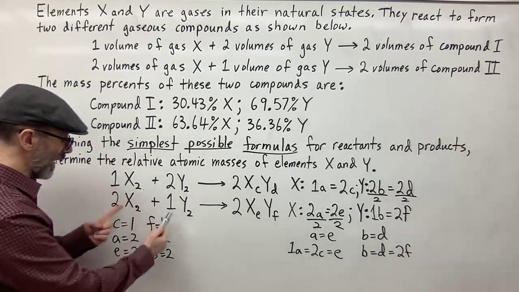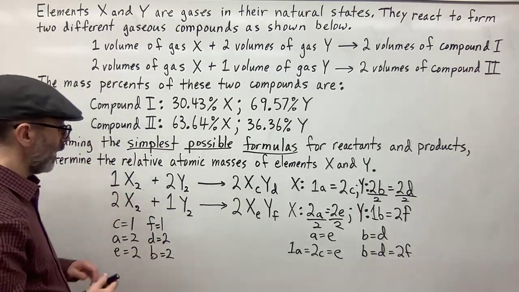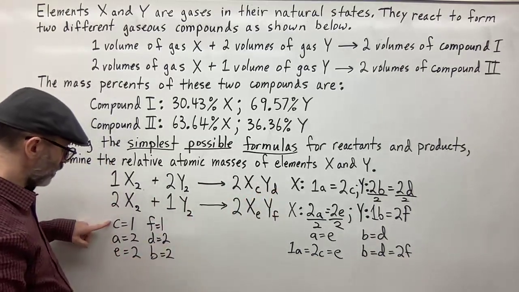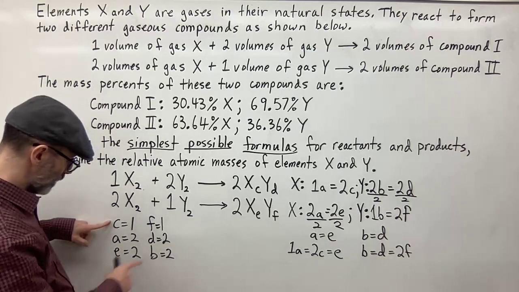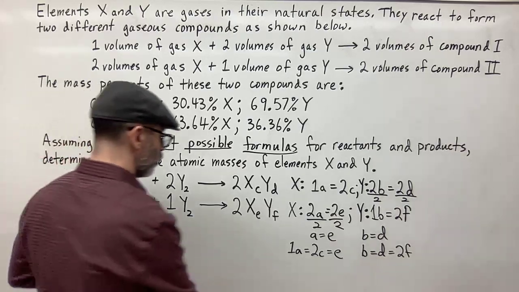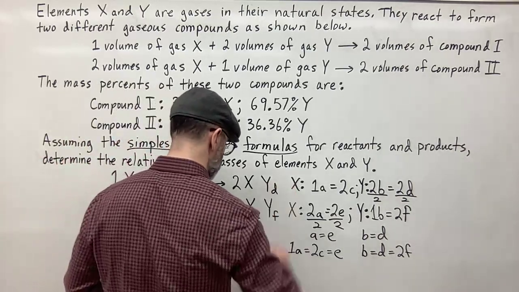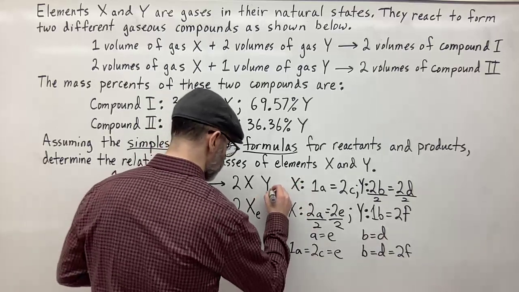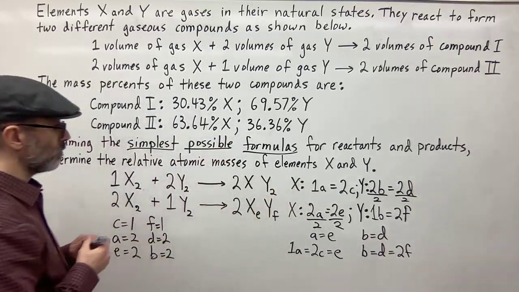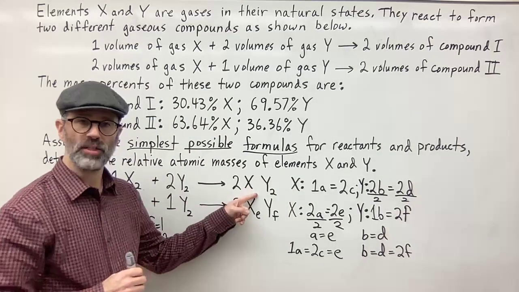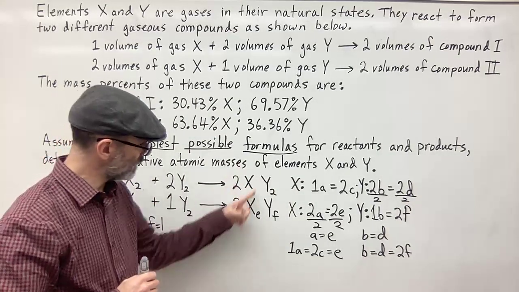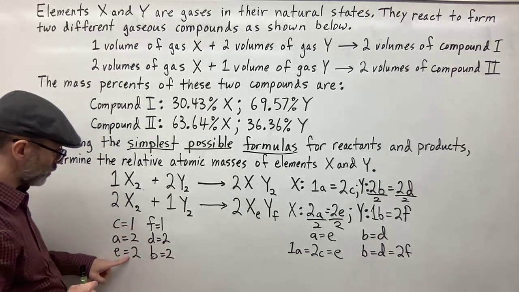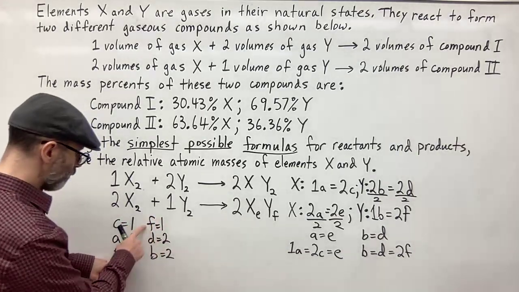So it looks like we have diatomic elements. And then C and D. C is 1 and D is 2. We usually don't write the 1 subscripts because the X there represents 1. And then E is 2 and F is 1.